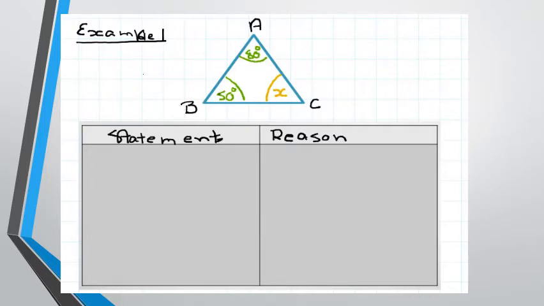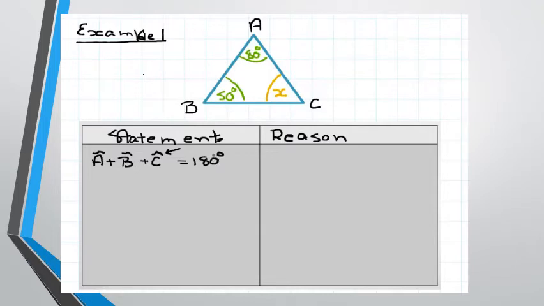So right, remember we have said that the sum of all interior angles of a triangle equals 180 degrees. So I'm going to make a statement. I'm going to use the property of the triangle where I say that angle A plus angle B plus angle C, now guys, that is the symbol if I refer to the angle, must be equal to 180 degrees.